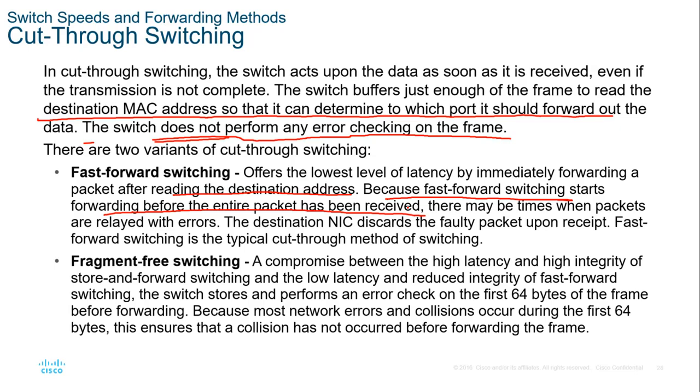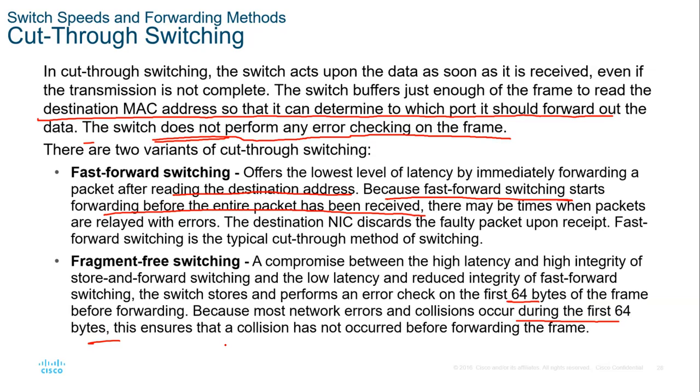The switch stores and performs an error check on the first 64 bytes of the frame before forwarding, because most network errors and collisions occur during the first 64 bytes. This ensures that a collision has not occurred before forwarding the frame.